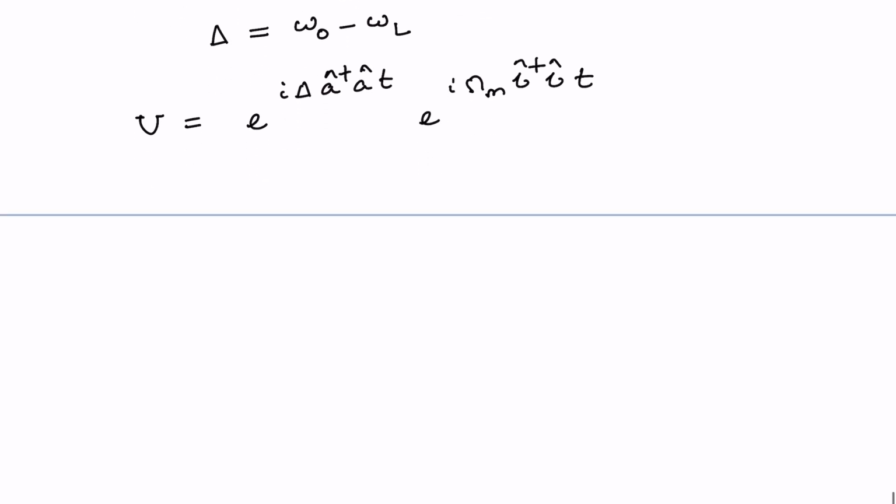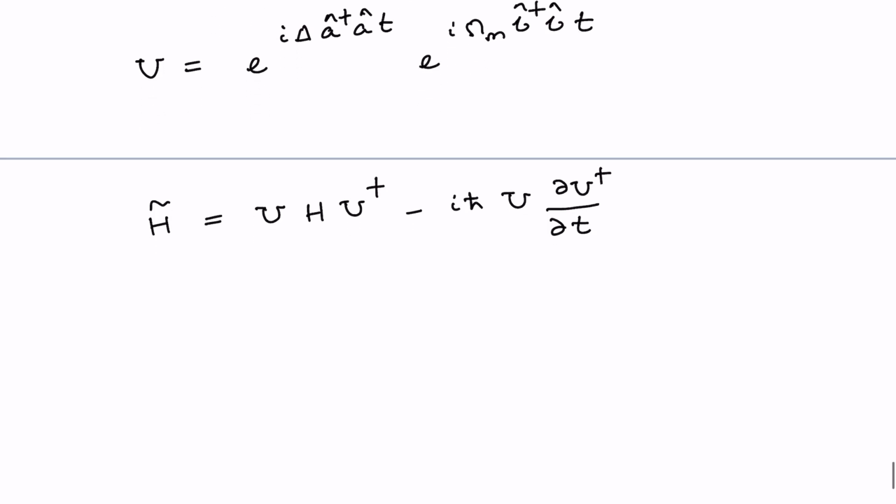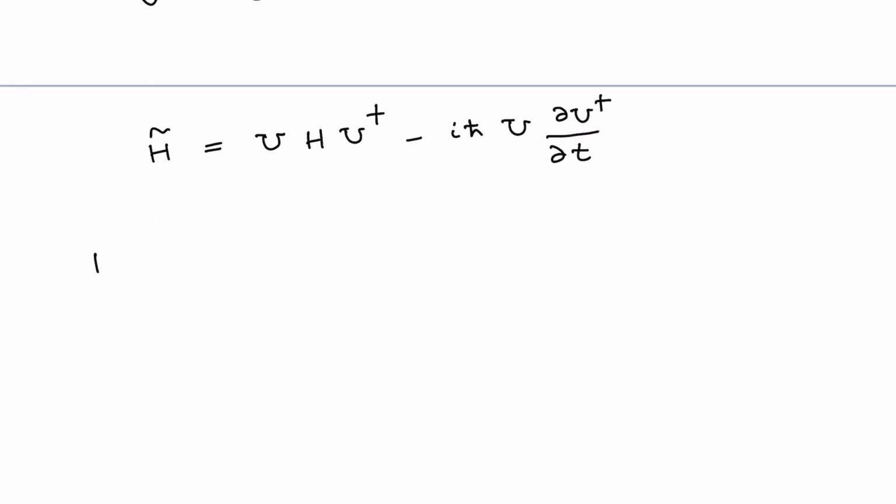Then the new Hamiltonian is going to be H tilde is equal to U H U dagger minus i ħ U dU dagger by dt. You can obtain this by explicit calculations, invoking the Baker-Hausdorff formula, which we have done so many times. The transformed Hamiltonian you can write in this form.